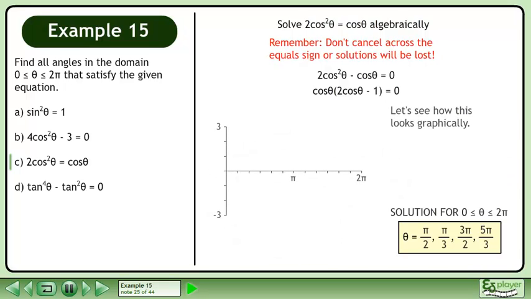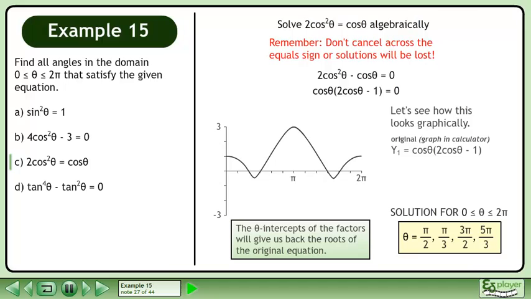Let's see how this looks graphically. Graph the original function, y1 equals cos theta times 2 cos theta minus 1 in a calculator. The theta intercepts of the factors will give us back the roots of the original equation.